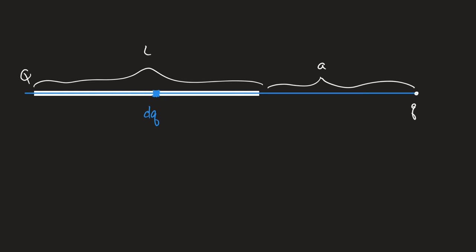Now, try and define how much charge that piece has based on the size of the piece. Again, try and figure out how much charge that piece has based on the size of the piece.